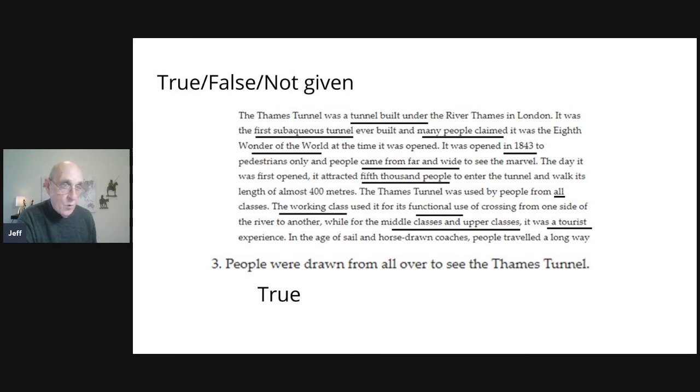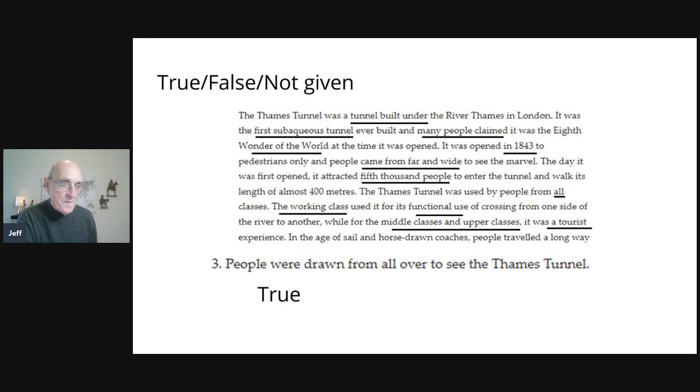At least one true, at least one false, and at least one not given. So as we've been going through these first 3 questions, we know number 1 was true, number 2 was false, and number 3 is true. We haven't used not given yet. So there's a really good chance that the answer to number 4 is going to be not given.